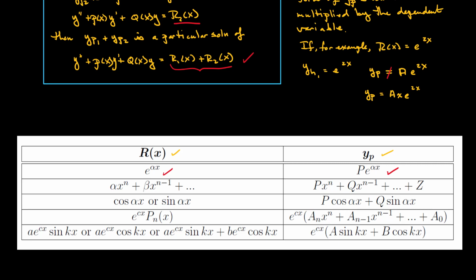But again, for all of these proposed solutions, you need to keep in mind different things such as the principle of superposition, but also the important note that the proposed particular solution cannot be the same as one of the fundamental solutions to the homogeneous equation, as we just mentioned above.